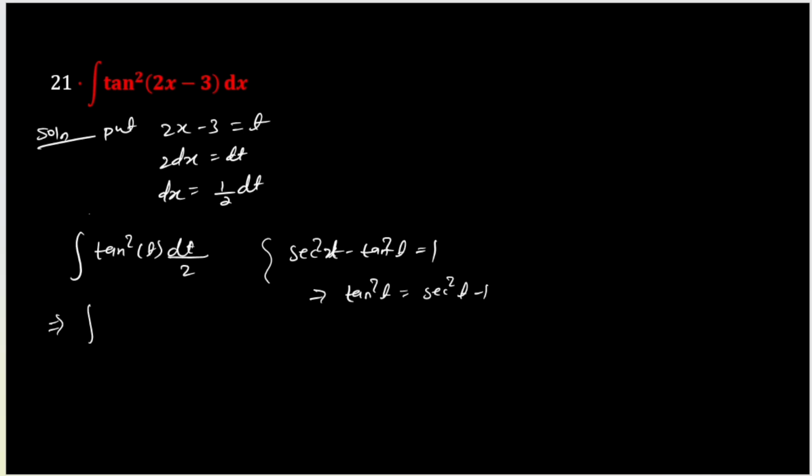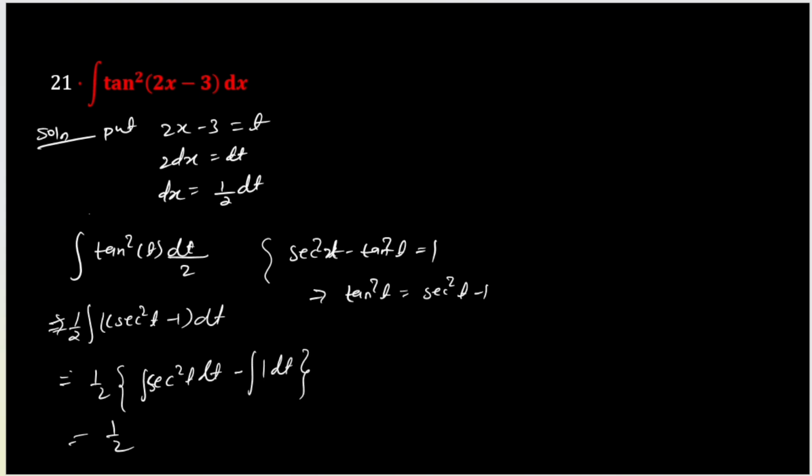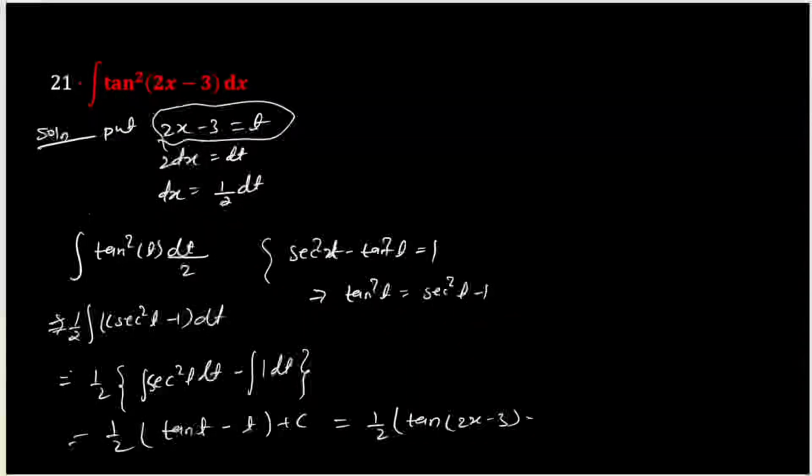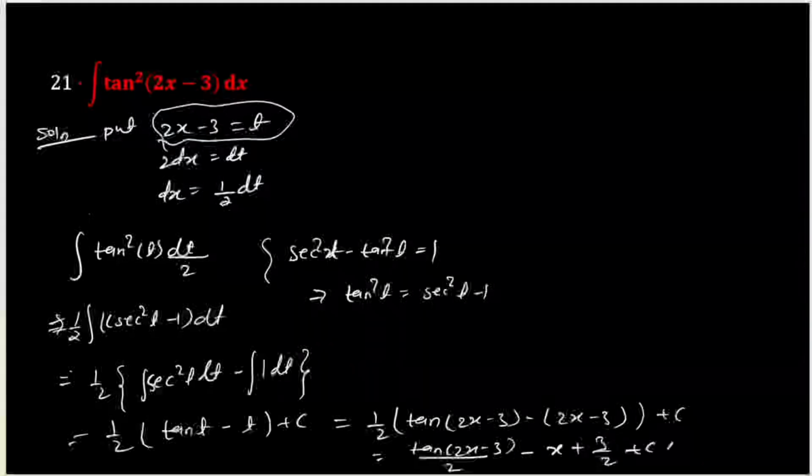So we can write tan^2 t = sec^2 t - 1. 1/2 is constant, so the integral is equal to 1/2 times the integral of (sec^2 t - 1) dt, which equals 1/2 (tan t - t) + c. Replacing t in terms of x, we get 1/2 (tan(2x - 3) - (2x - 3)) + c, and simplifying we get the answer. This is your answer.